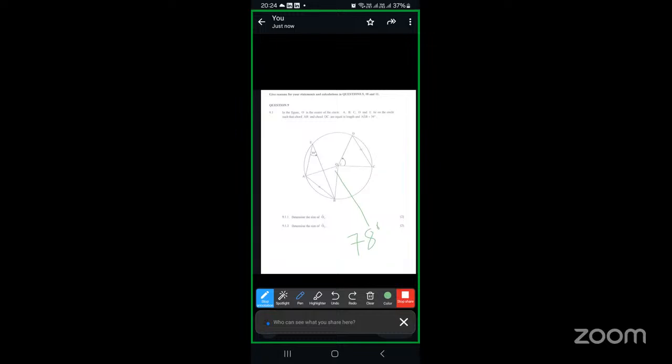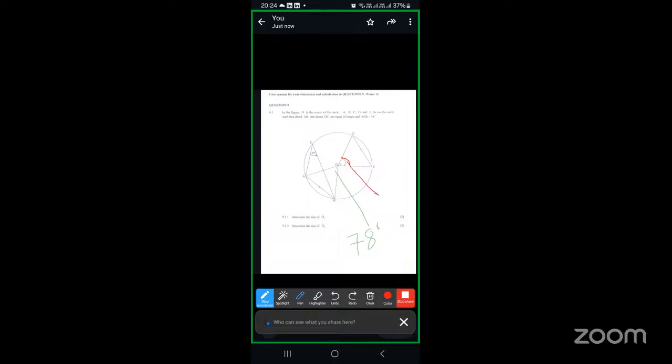Okay, thank you. Then 9.1.2, determine the size of angle O2, whereby we can see that angle O2 is that one right there. So how do you think you're going to find that angle O2? So it's 78 degrees because equal chords subtend equal angles.